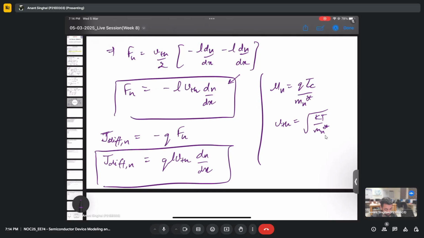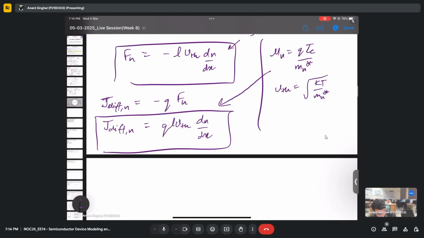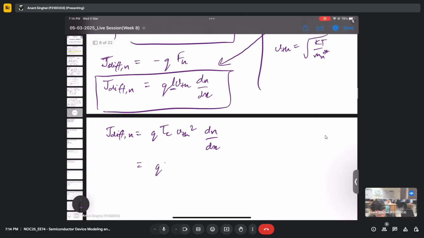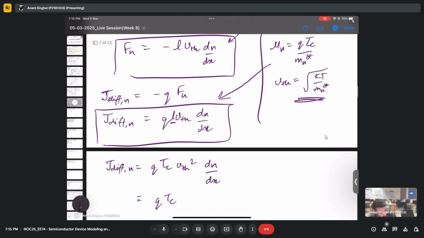So if I now substitute these into this, let's try to solve it. J diffusion for n will come out to be q tau c Vth square. So L I have written as tau c into Vth, that was initially there. Then Vth square will be kT by mn star.